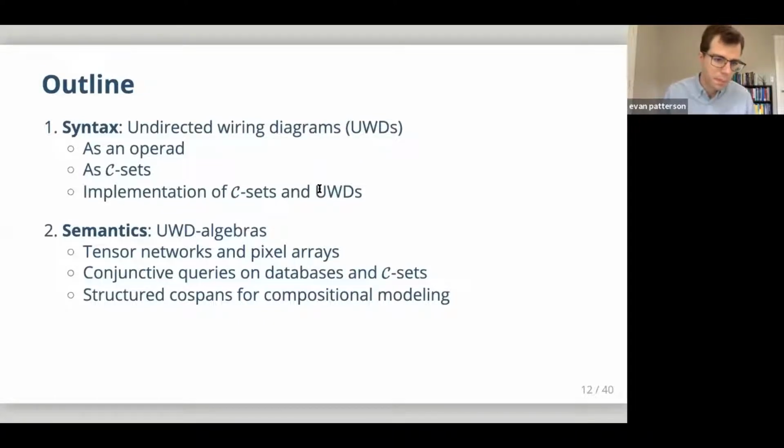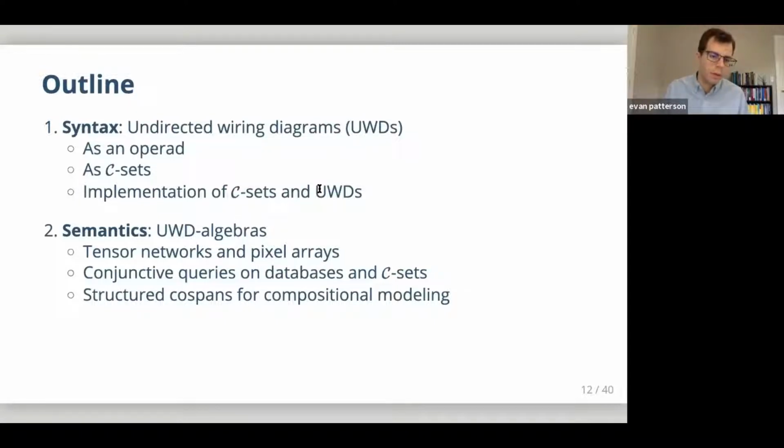In the second part of the talk, we're going to say a bit more about these three examples, which are all unified by being UWD algebras. We're going to talk about tensor networks, conjunctive queries, and structured cospans.